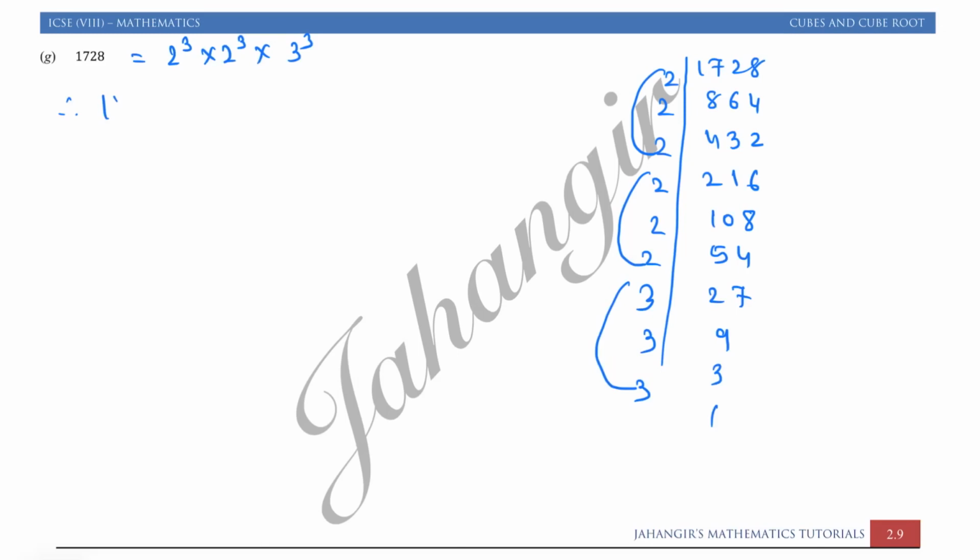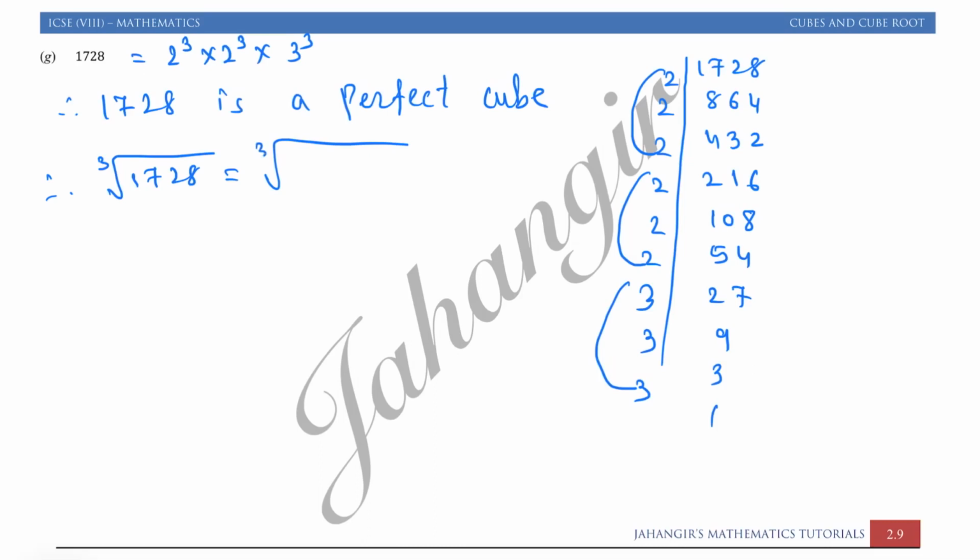Therefore, we can say 1728 is a perfect cube. So therefore, cube root of 1728 is equal to cube root of 2 cube into 2 cube into 3 cube. That is 2 into 2 into 3. 4 3s are 12. In this way, you can find cube root very easily.